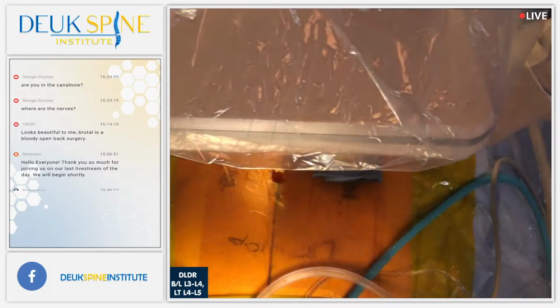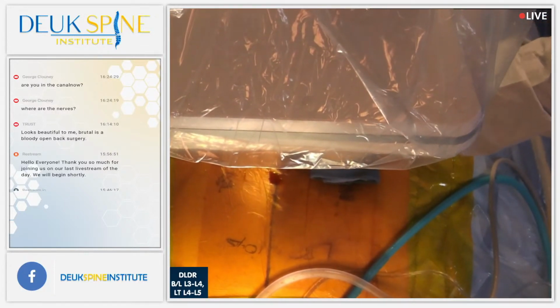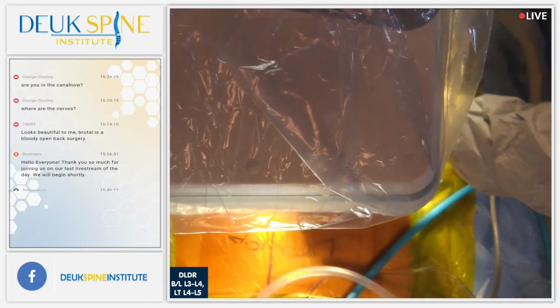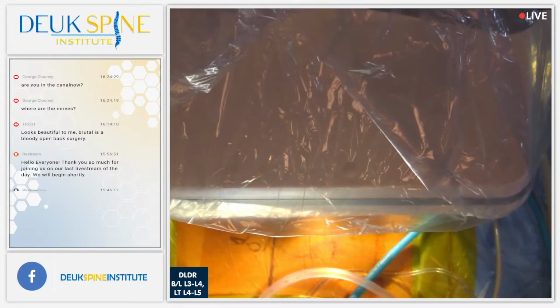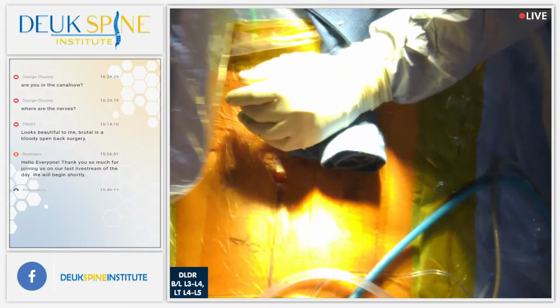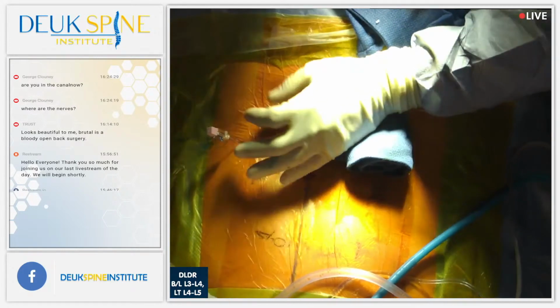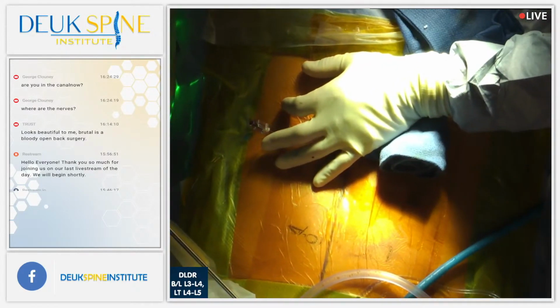No current questions. All right, so far we've completed the Deuk laser disc repair on the left side. We're going to move to the right side next, and we're doing only one disc on the right side.